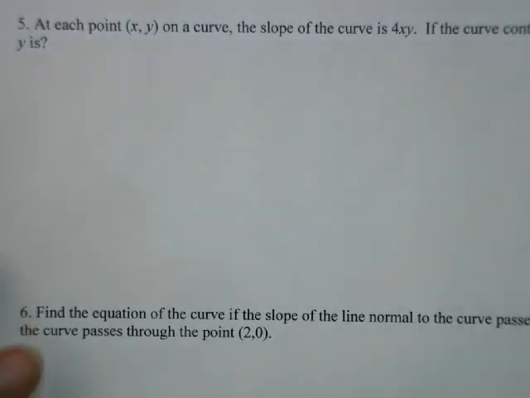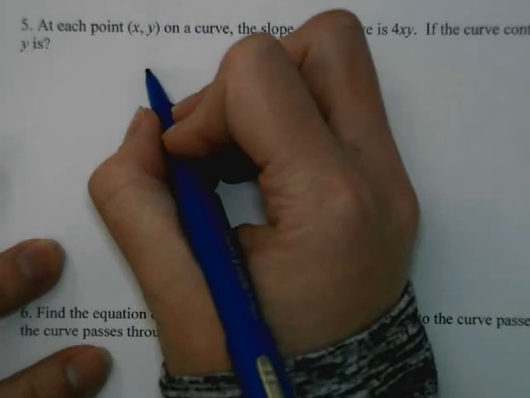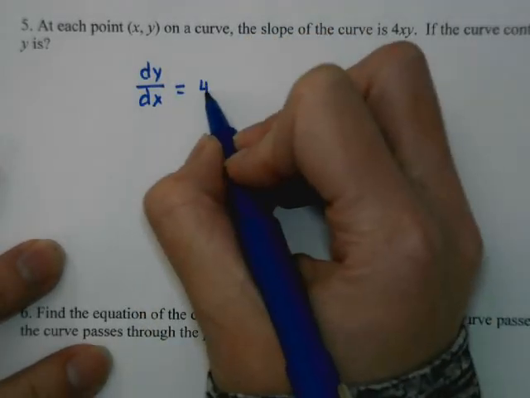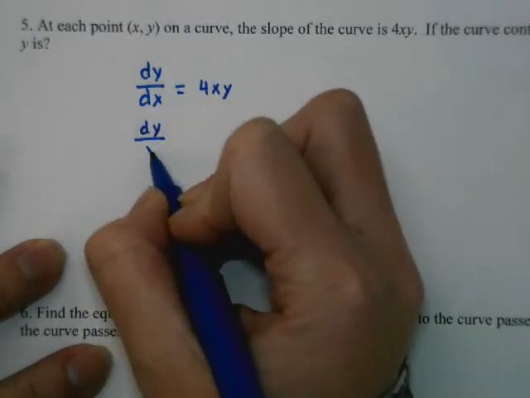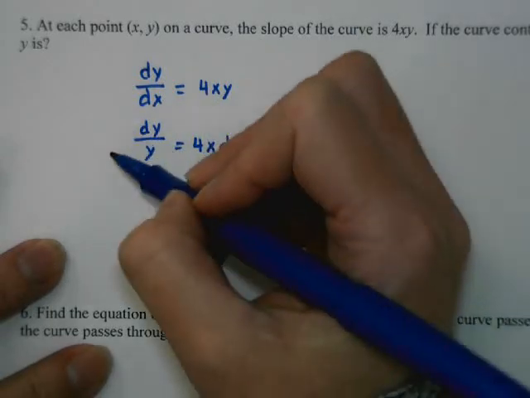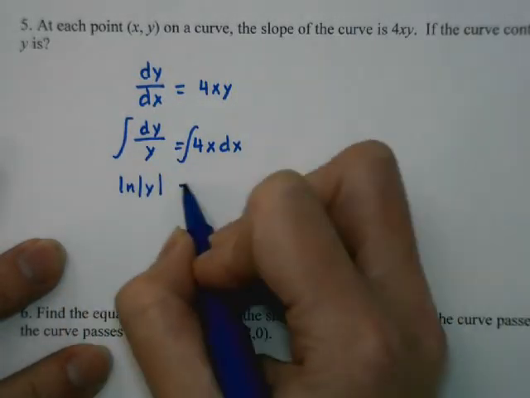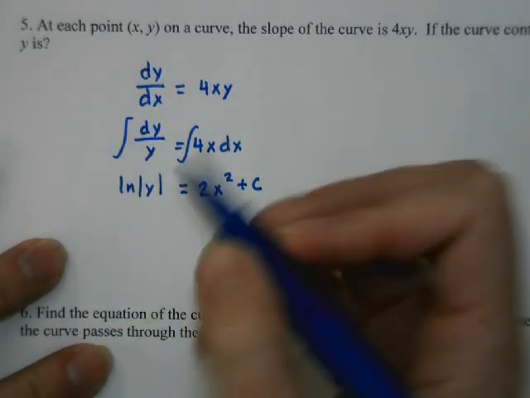So this one says at each point on the curve, the slope is 4xy. If the curve contains 0, 4, then the equation for y is. So these are all the same thing, it's just how they're phrased is different. Slope is dy dx. Separate our variables. And then integrate. So we're going to have the natural log of y equals 2x squared plus c.